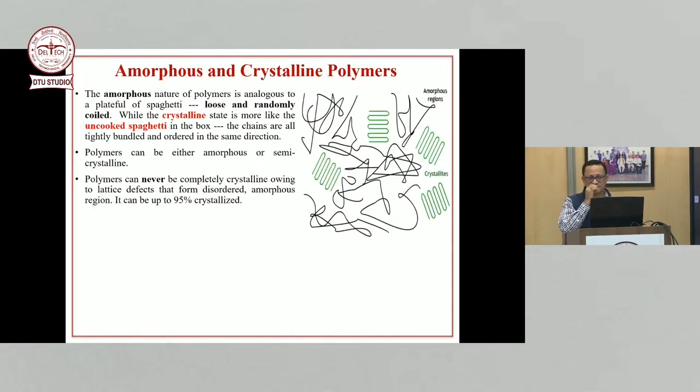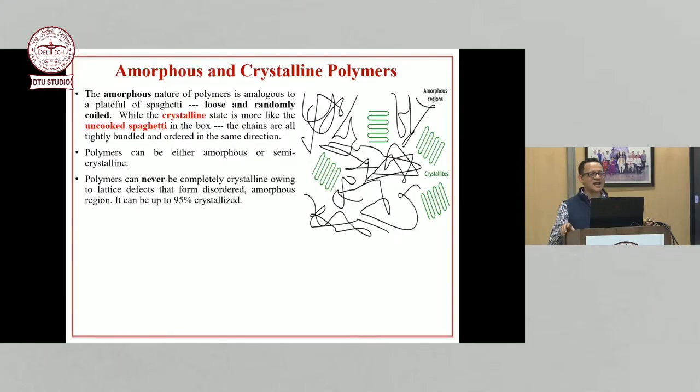Okay, so now this is a little bit tricky, but it'll be okay if you just listen carefully. Polymers can be amorphous or they can be semi-crystalline, but polymers are never 100% crystalline.